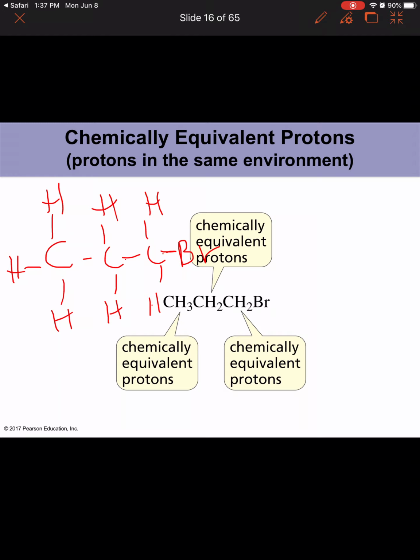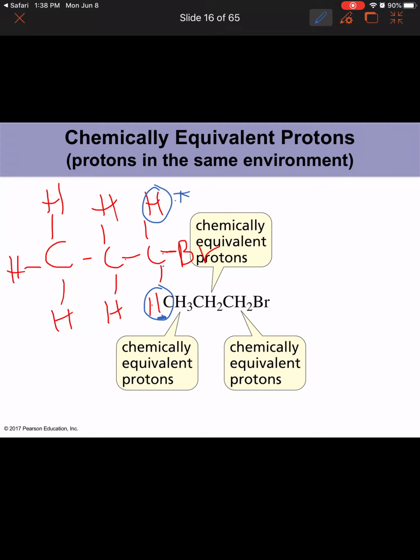Now, these two hydrogens we call chemically equivalent protons, because if you take this hydrogen right here, it is bonded to a carbon, and then you have bromine, and then an ethyl group. And this other hydrogen is bonded to carbon, bromine, and an ethyl group. So they are chemically equivalent.